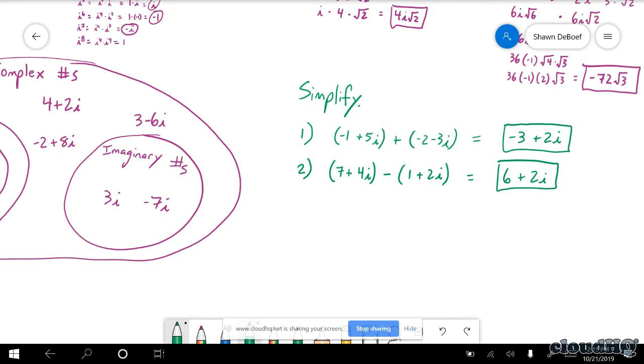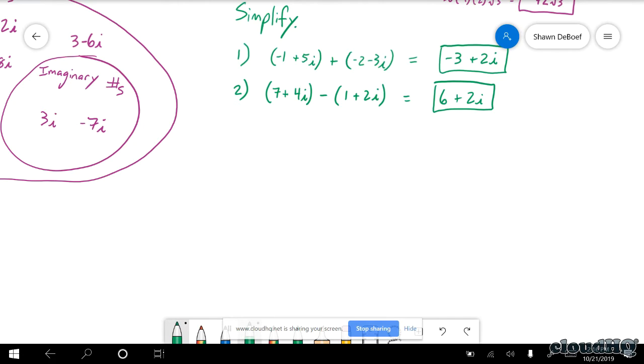It's when we get into multiplication and division that we have some new hurdles. Let's consider a multiplication problem. 6 minus 8i times 9 plus 2i.